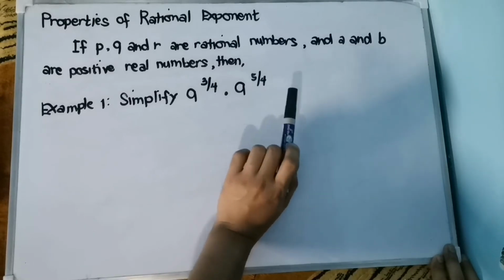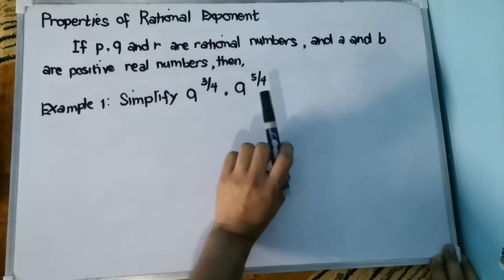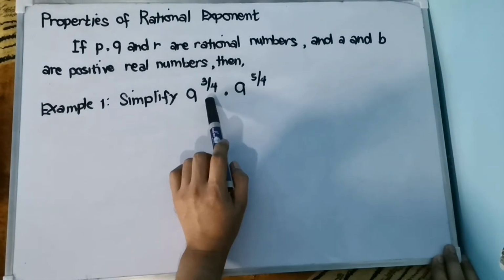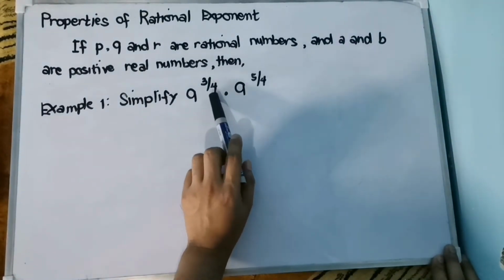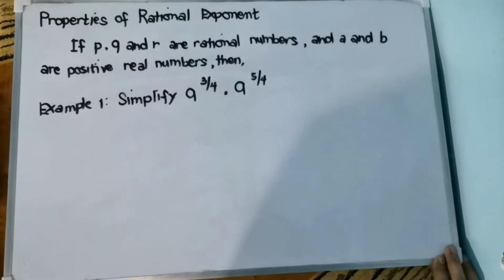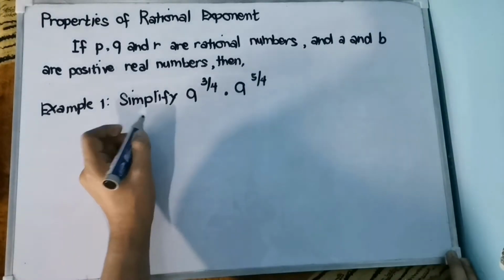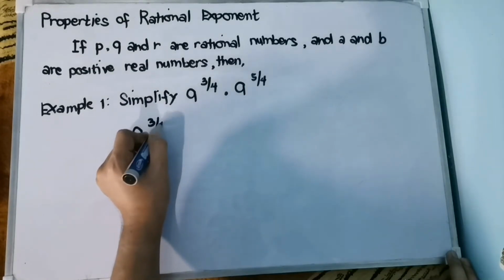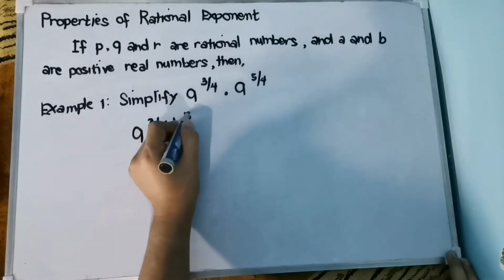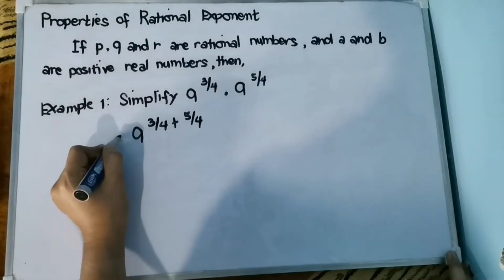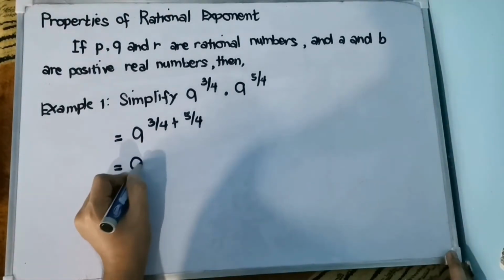So we need to follow the product rule, which is to add the exponent. As you have seen, our exponent is rational, so that is a fraction exponent. So simply, a raised to 3/4 plus 5/4.